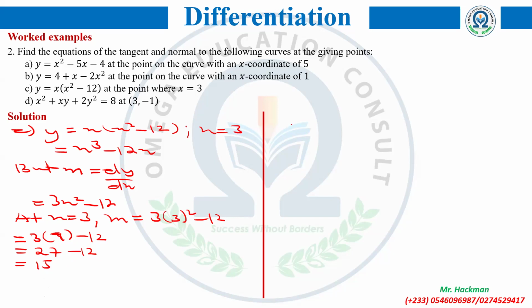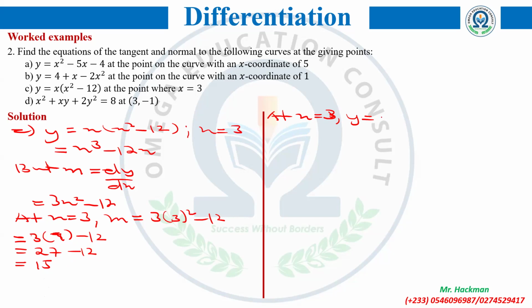So I can also write, at x equal to 3, y will be equal to, come and substitute, either into the original one or the expanded version. I'm going to use the expanded version.